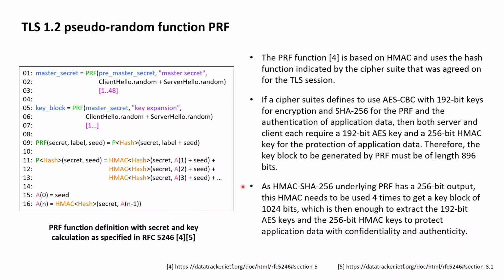A key block of length 1024 bits is then enough to be split into the total of 4 keys, where 2 keys go to the client and 2 keys go to the server, with each the client and the server receiving a 192-bit AES CBC key and a 256-bit HMAC key for the protection of the application data that they will exchange later on.